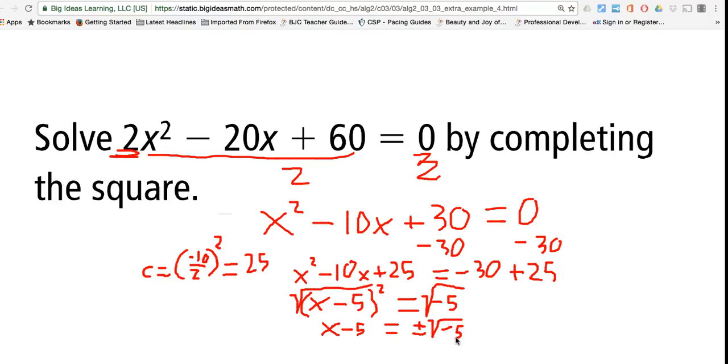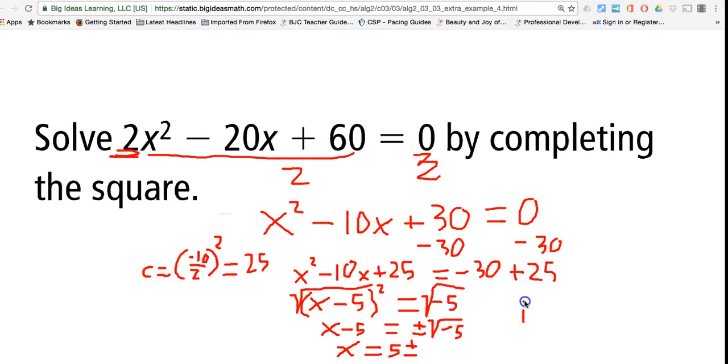Now, it looks like we're going to have a little imaginary number to work with. So, we want to go ahead and add 5 to both sides. So we're going to get x equals 5, plus or minus the square root of negative 5.